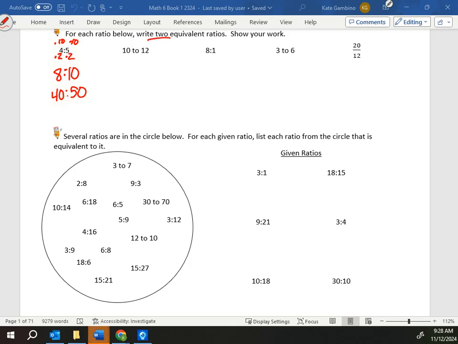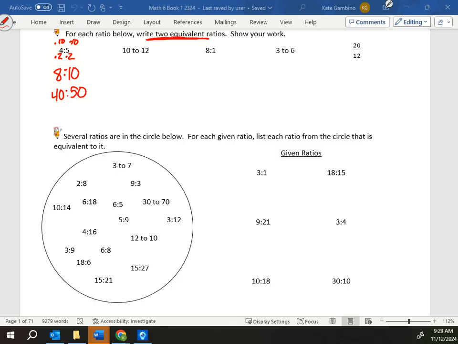Now, the key thing to pay attention to that got a lot of us when we did equivalent fractions on the test that said write 2. I had a lot of friends that only gave me 1, so I couldn't give you credit for it. Same thing with equivalent ratios. If the directions say write 2, guess what, friends? You need to write 2.